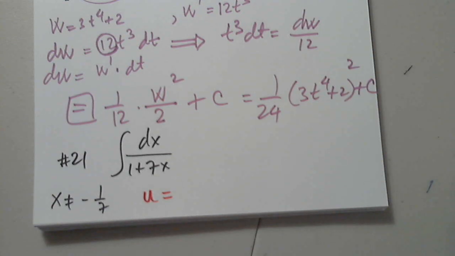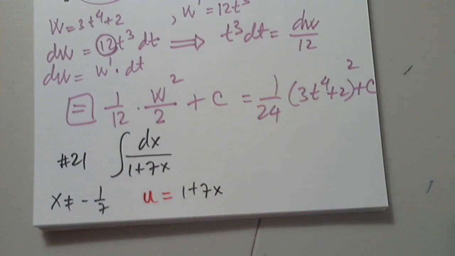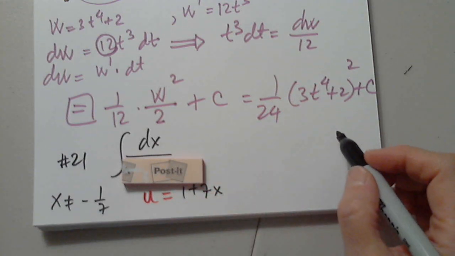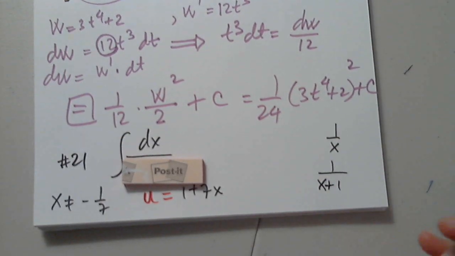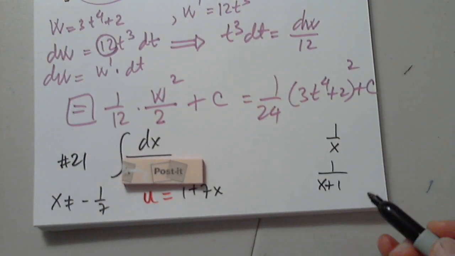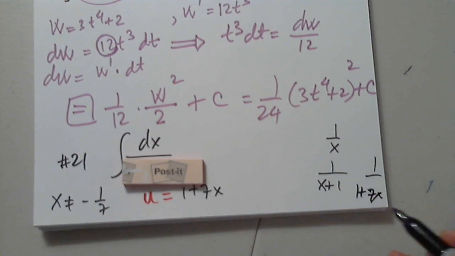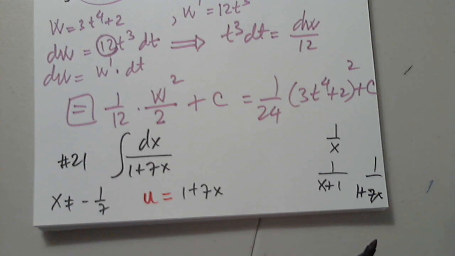It's okay if you're wrong. 1 plus 7x. Exactly, 1 plus 7x. We can never simplify this. 1 over x is simple. 1 over x plus 1 is not, because there is nothing I can do to simplify it. The same thing with 1 over 1 plus 7x. When the denominator has two terms, I'm kind of stuck.